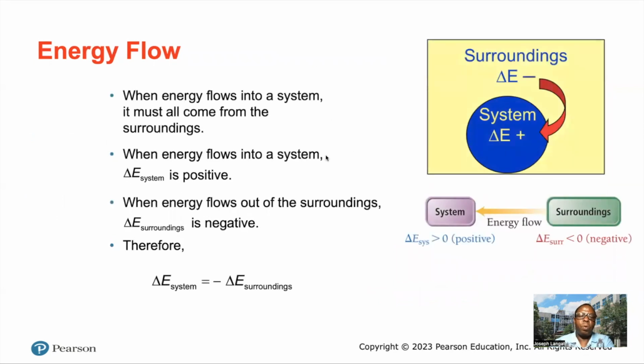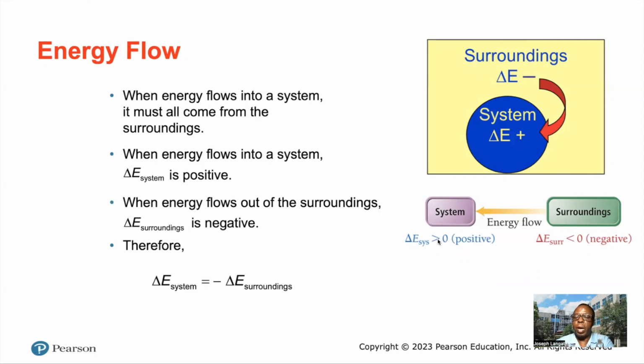Now for the system gaining, you see, the energy flows from the surrounding into the system, which means the system is gaining, which will result in a positive change in internal energy.